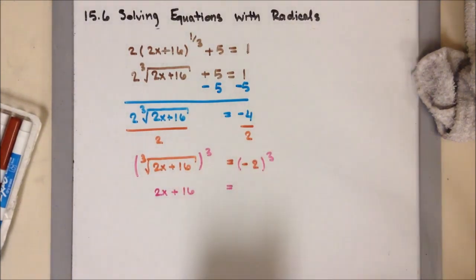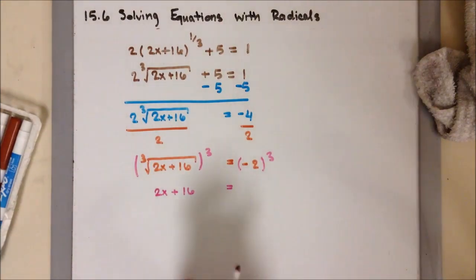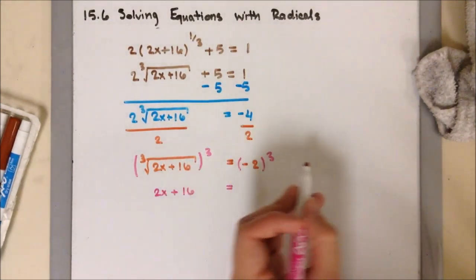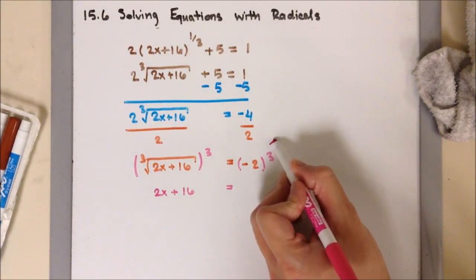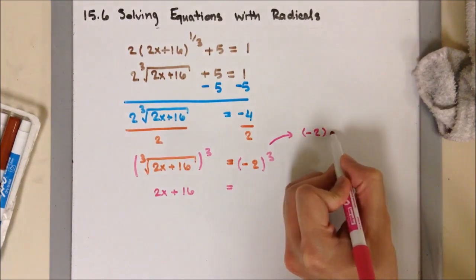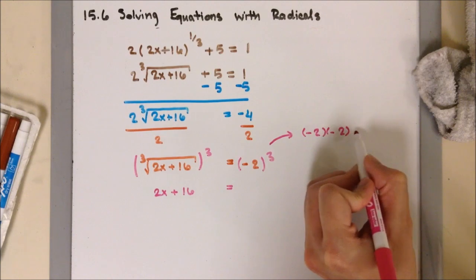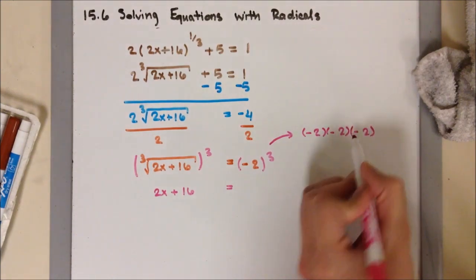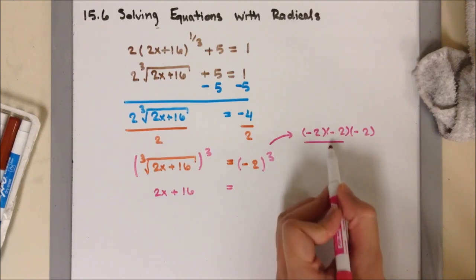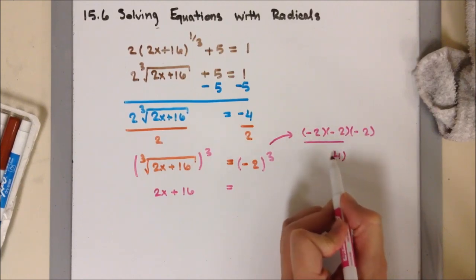Now on the right side, since I'm raising negative 2 to the third power, this is the part where you have to be extra careful. So negative 2 to the third power is essentially negative 2 times negative 2 times negative 2. Step by step, negative 2 times negative 2 is positive 4.